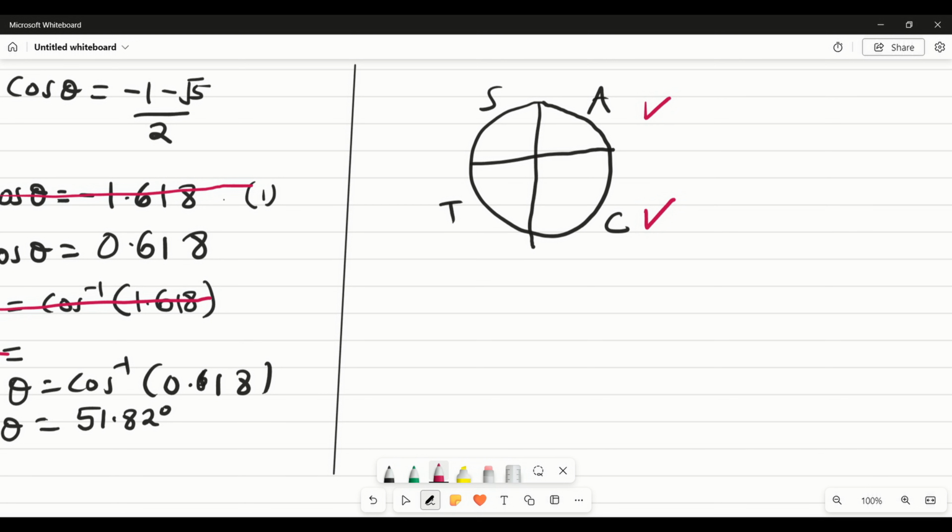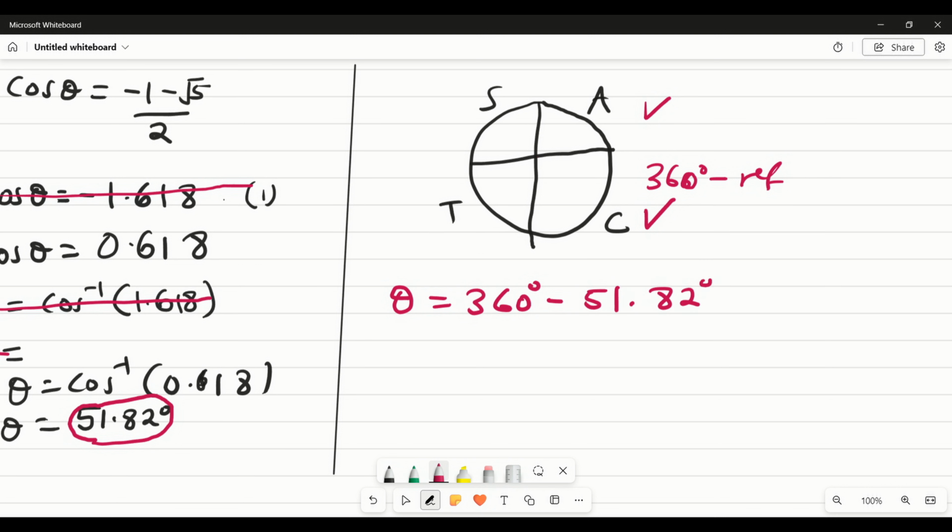And to get the angle in this quadrant, we take 360 degrees minus your reference angle. So we'll treat 51.82 because it's an acute angle, we'll treat it as our reference angle. So to get our second value of theta, we just take 360 degrees minus 51.82 degrees.